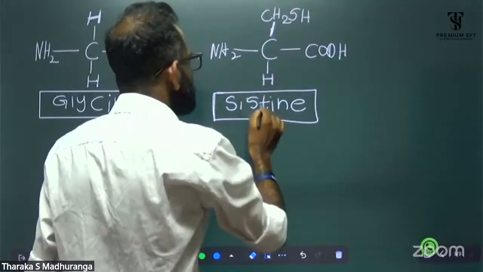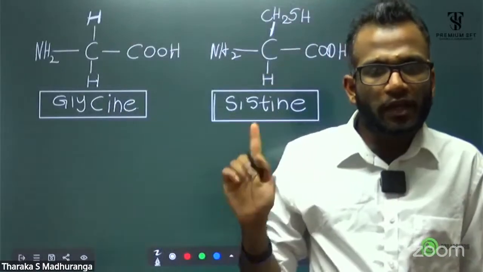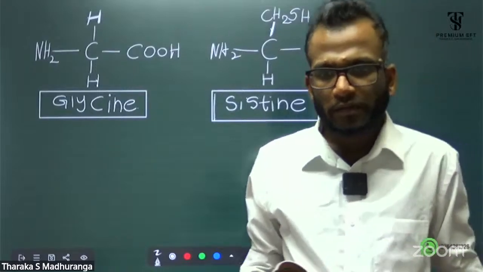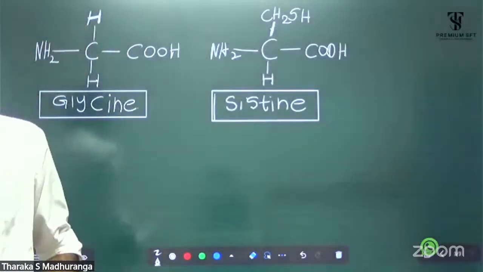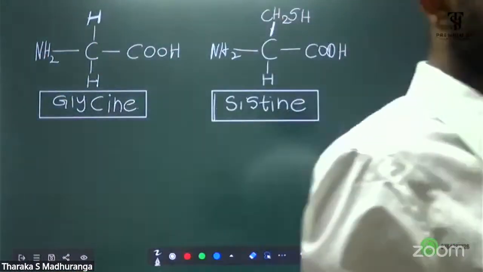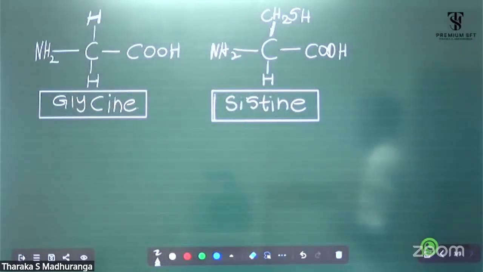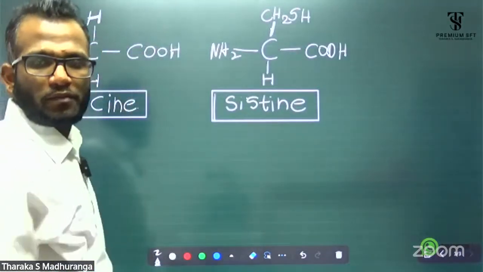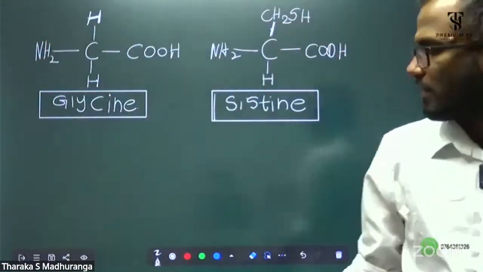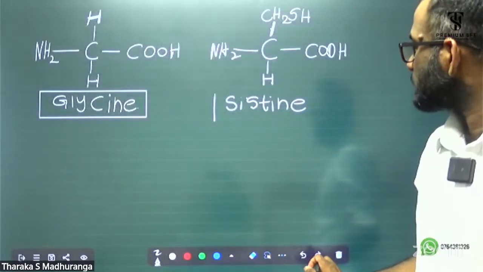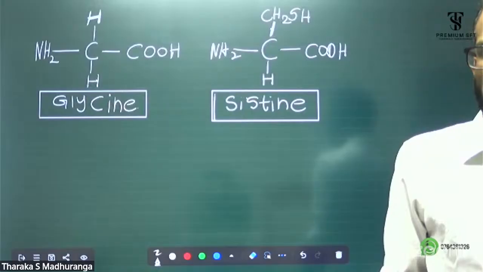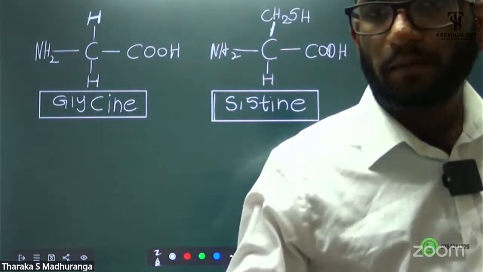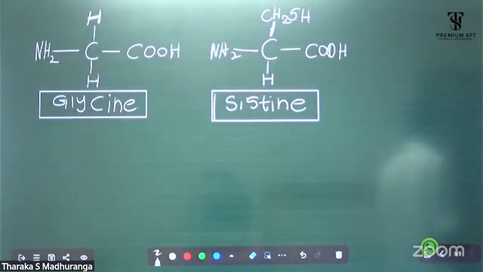Can you find any specialty of cysteine compared to other amino acids? Glycine is special because it has a very simple R carbon chain. Why is cysteine special? Any idea?